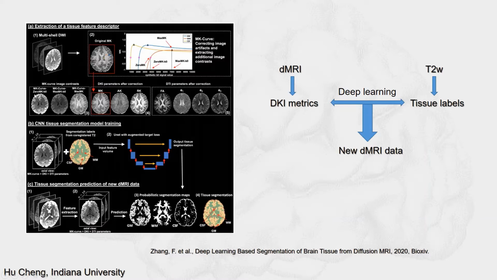So they derived a bunch of DKI metrics like MK, AK, RK, along with FA and the eigenvectors. And then they learned the tissue classification from the T2-weighted image.